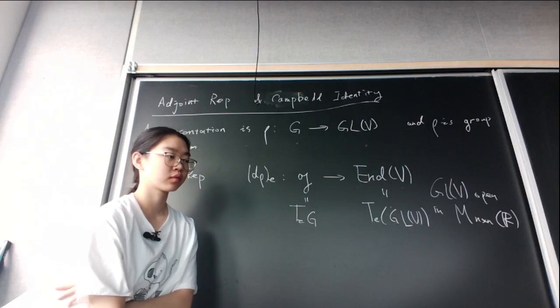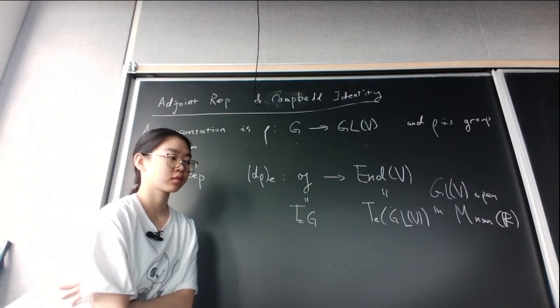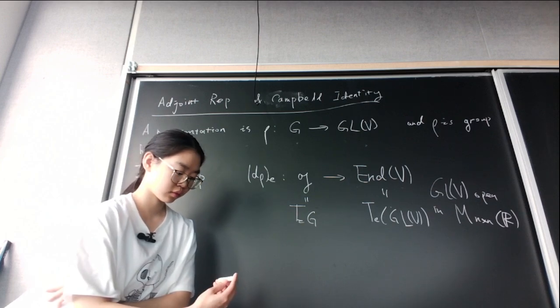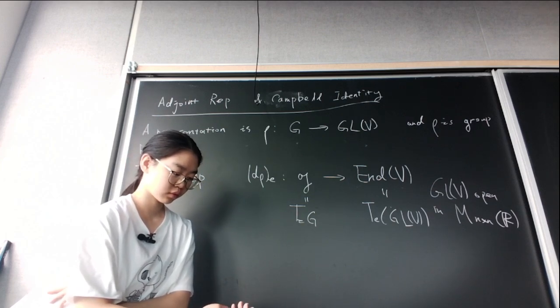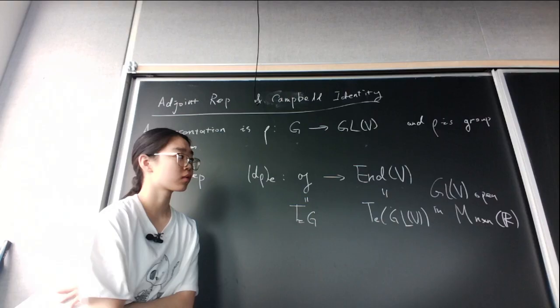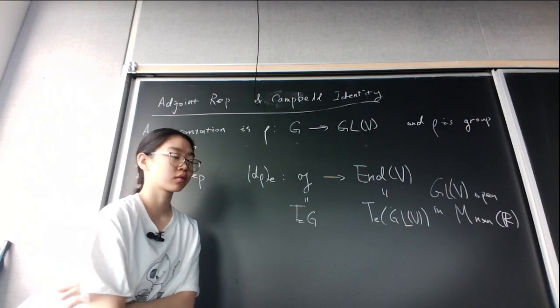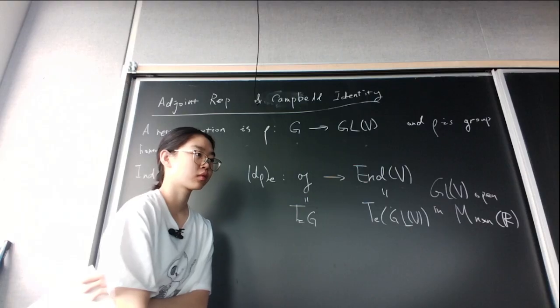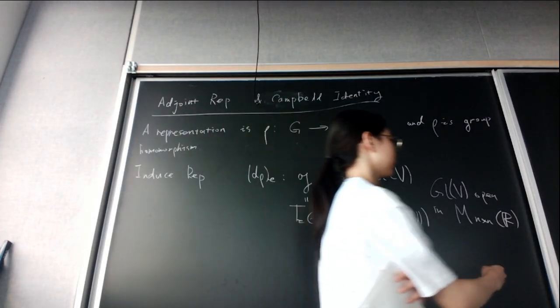If you want to show that some set is open, it's equivalent to show that around every point there exists some smaller open set which fits in the whole set. And so, how do we do this? Well, how do we check?